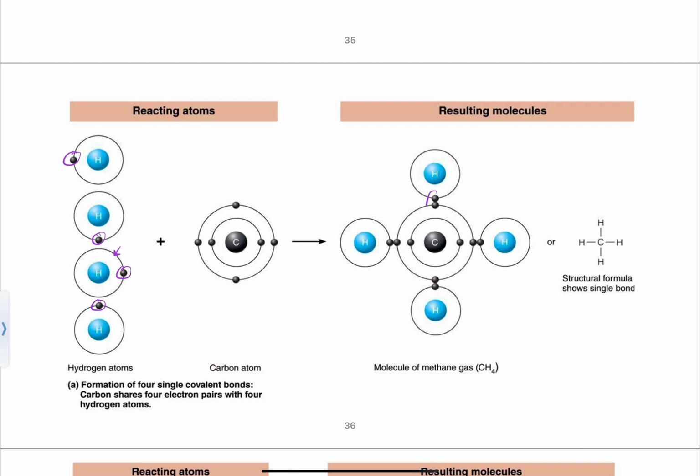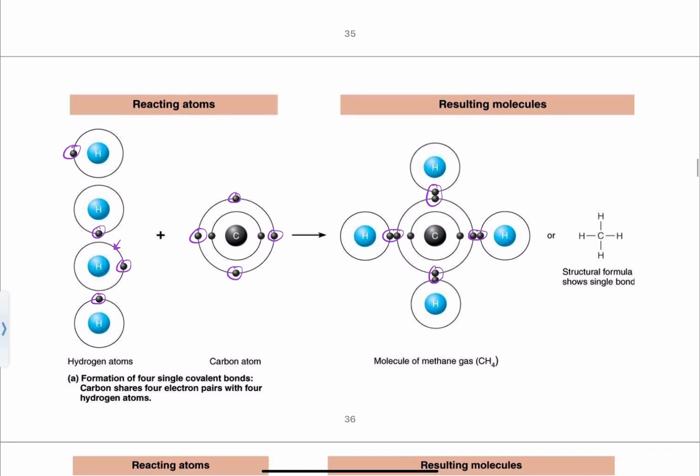When they share this pair, hydrogen is fulfilling its maximum amount of electrons in its valence shell, which is 2, so it's happy. Carbon has 4 electrons in its valence shell, and it needs 4 more in order to fulfill the octet rule. So when it binds to 4 different hydrogens, now we have 8 electrons in the valence shell of carbon, so carbon's happy as well.